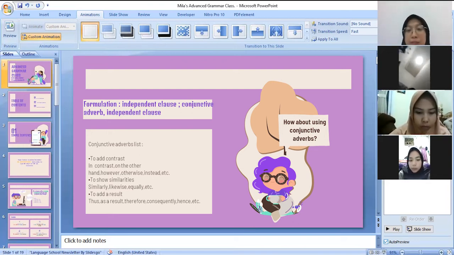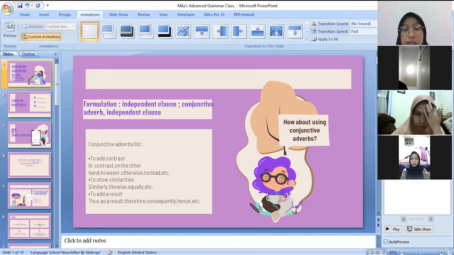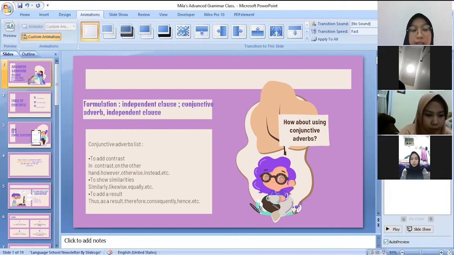To show similarities, it means untuk melihat kesamaan dari sebuah kalimat tersebut. We can use similarly, likewise, equally, and etc. And to add a result, bisa dibilang untuk menyatakan sebab akibat.